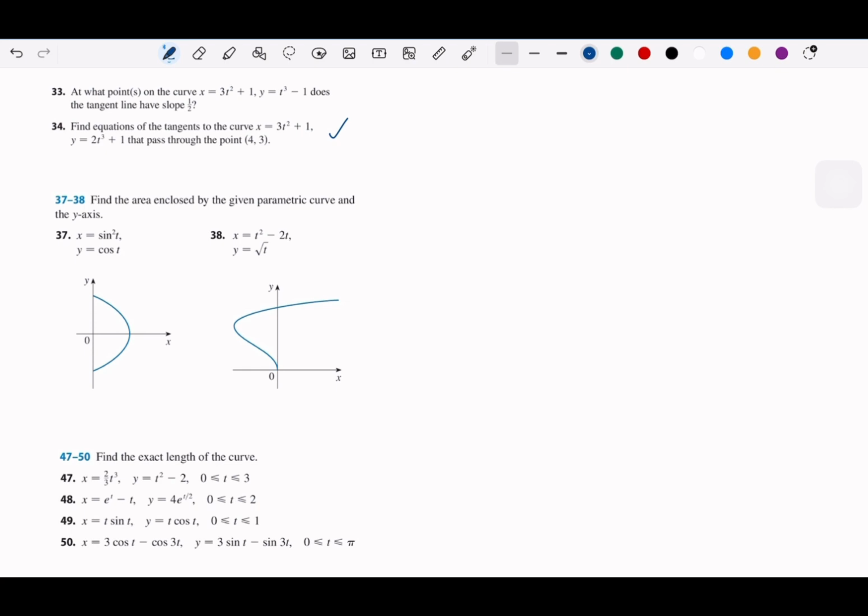Which part do you want to take, the area or the arc length? Which one, 37 or 38? I provided two. How about 38? It's interesting, the shape, right?